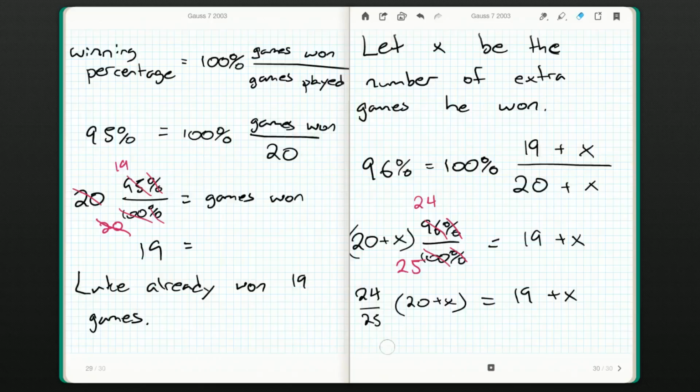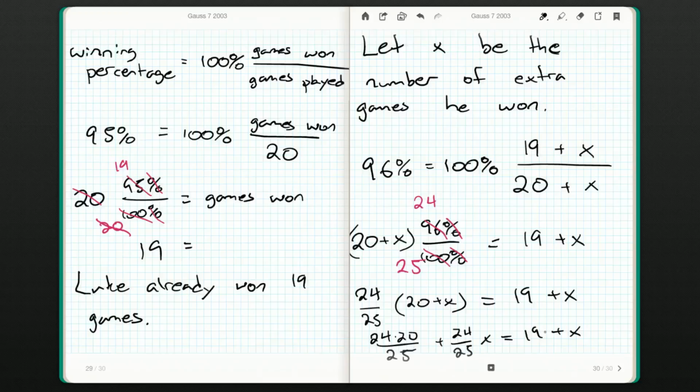So 24 times 20 over 25, plus 24 over 25 x is equal to 19 plus x. Okay, so what we could do is work out what this fraction is, the 24 times 20 over 25, that'd be fine. We can work out, and then we can subtract it off of 19.